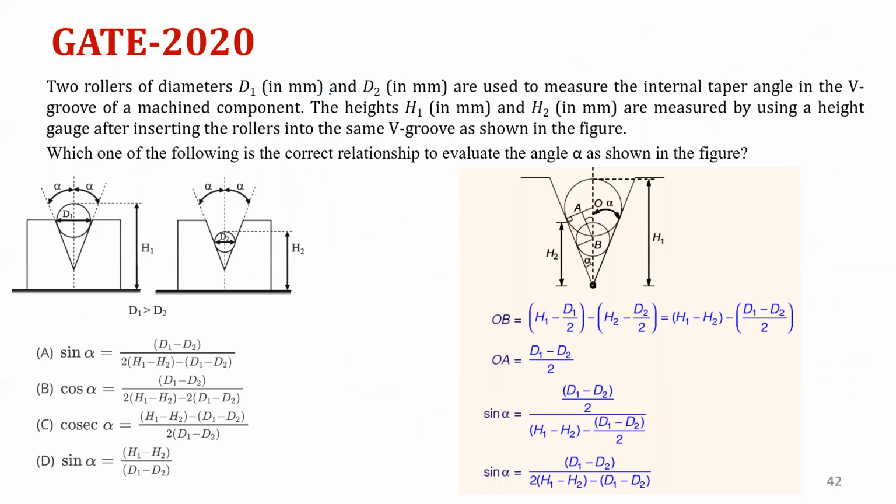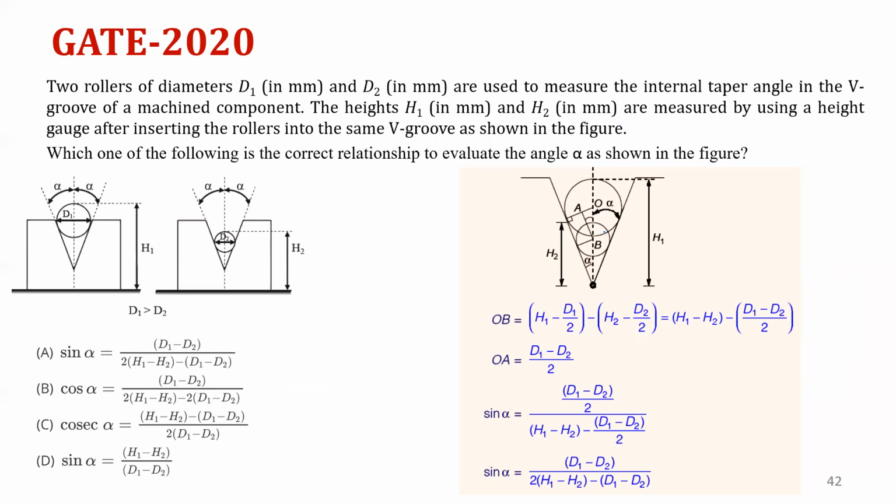Two rollers of diameters d1 and d2 are used to measure the internal taper angle of the V groove of a machined component. The heights h1 and h2 are measured using the height gauge after inserting the rollers into the same V groove as shown in the figure. Which of the following is the correct relationship to evaluate the angle alpha? This we have already seen.